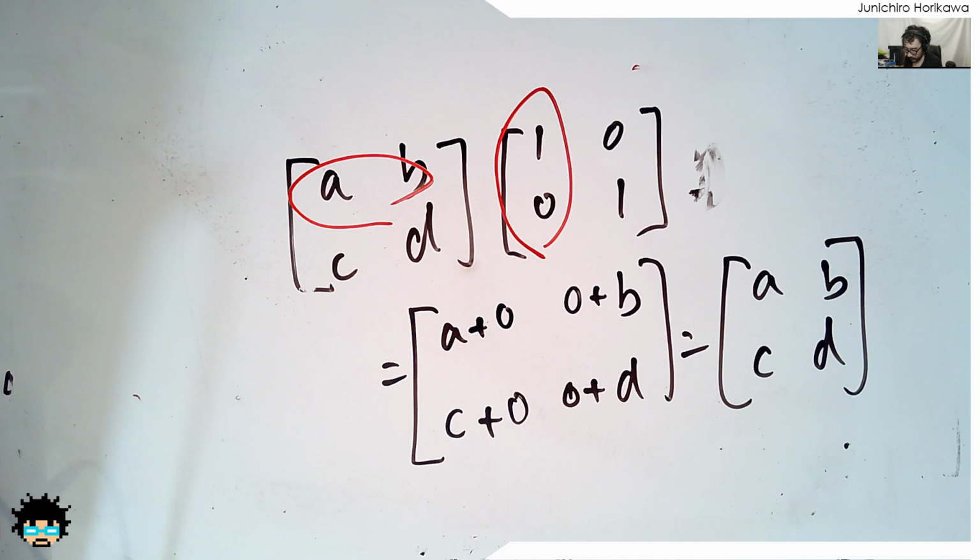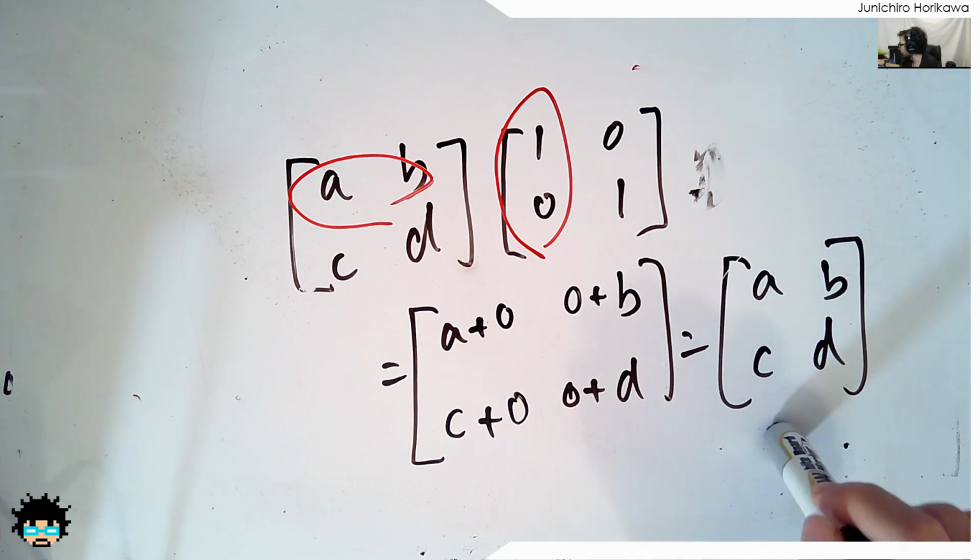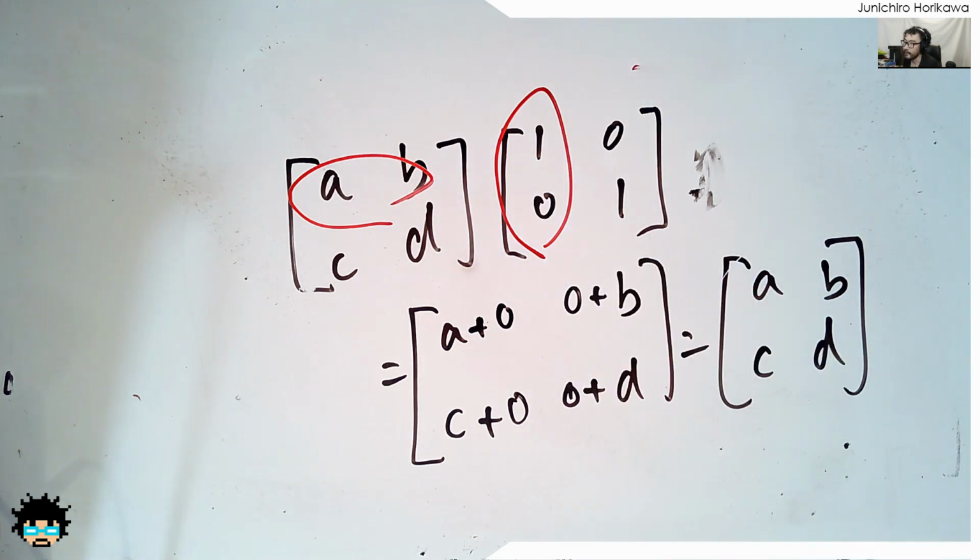So whatever matrix you multiply with the identity matrix, you get the same result. That's what the identity matrix stands for.